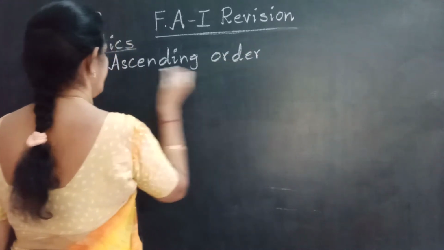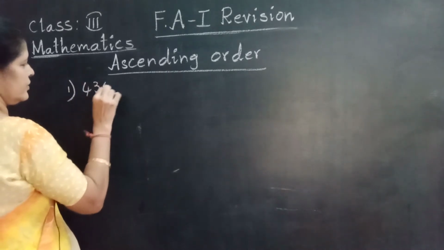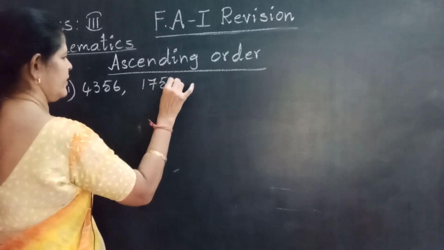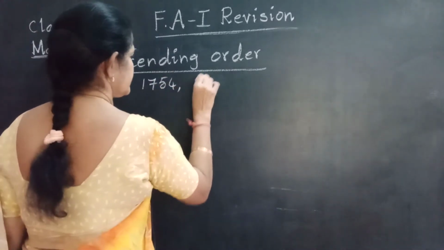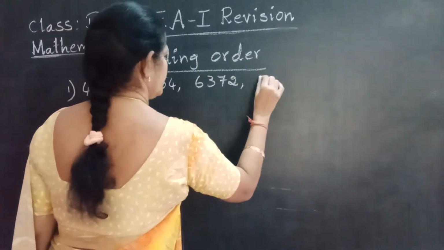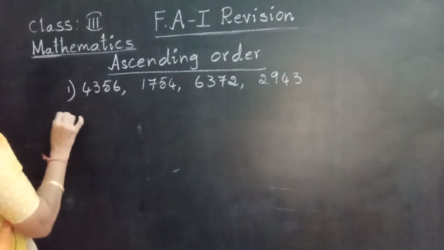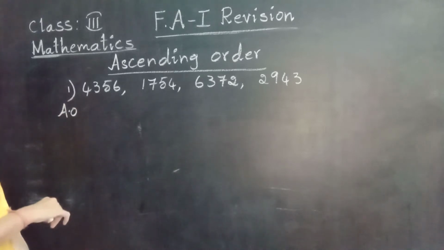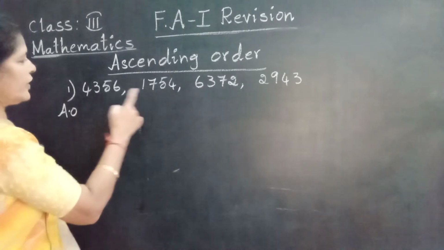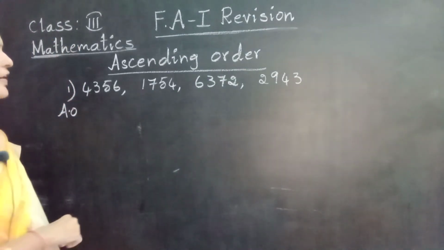We arrange the numbers small to big. 4356, 1754, 6372, 2943. These are the given numbers arranged in ascending order. Ascending order means small to big. All are going to 4-digit numbers.